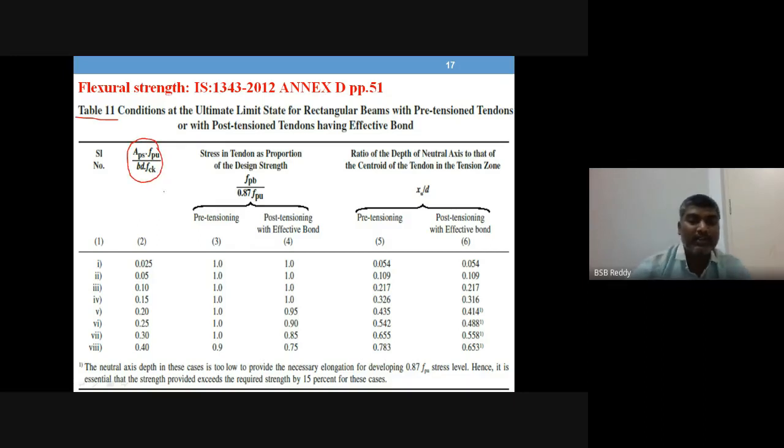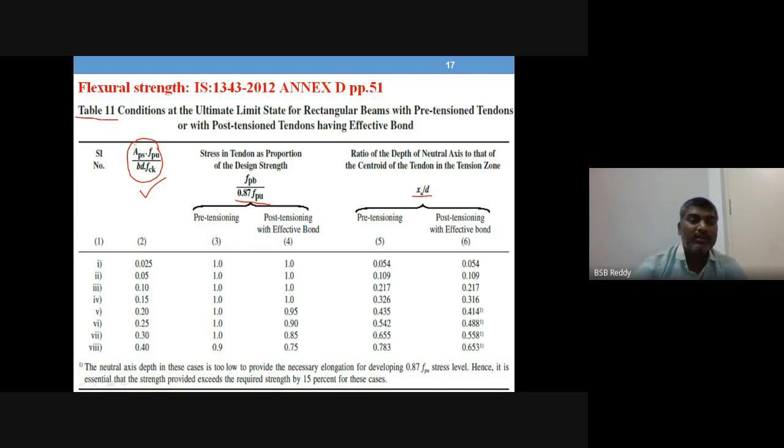As you can see, stress in tendons as a proportion of the design strength, and the ratio of depth of neutral axis. These two values you can read from this table only when you know this value.